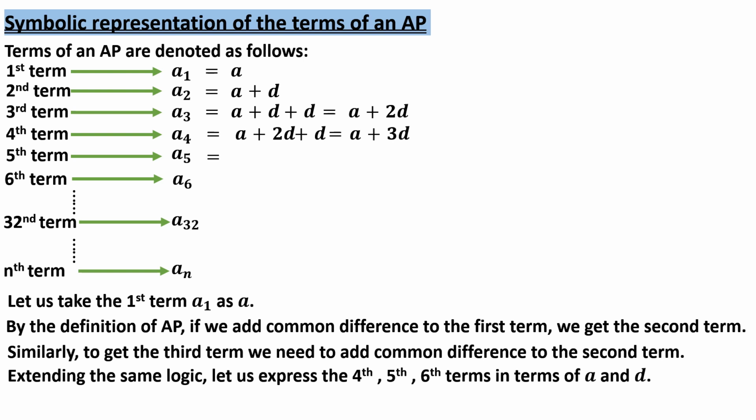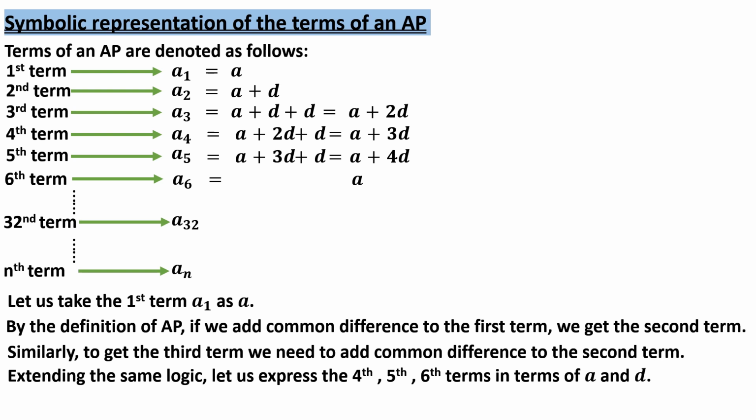Therefore, a plus 3d. a5 is equal to fourth term plus common difference d. a plus 3d plus d, 3d plus d is 4d.